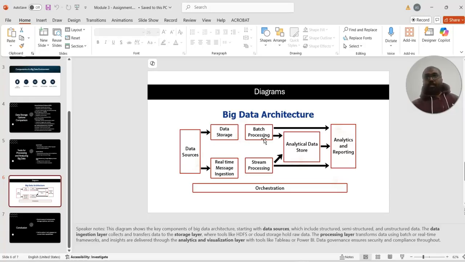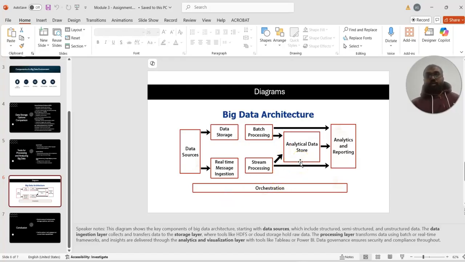processing layer. And here in the processing layer, the data is again transferred to the analytical data store in the form of frameworks, real-time frameworks or batches. And finally, data is analyzed and visualized using the visualization layer.